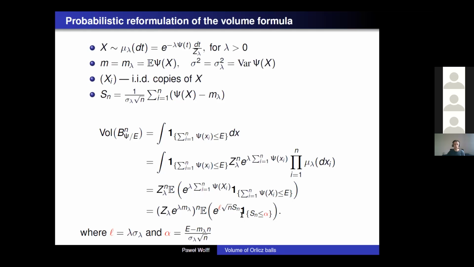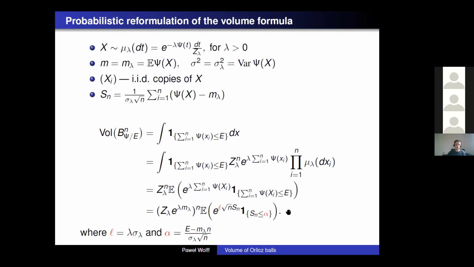Then, using this notation for the normalized sum of psi of xi's, you can rewrite the previous line finally like this.